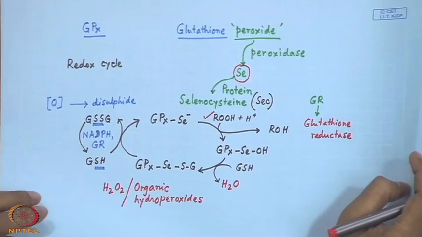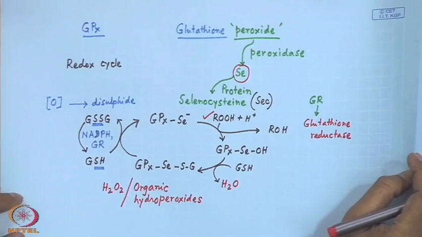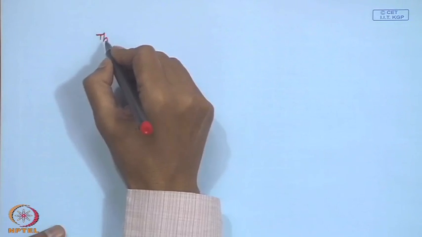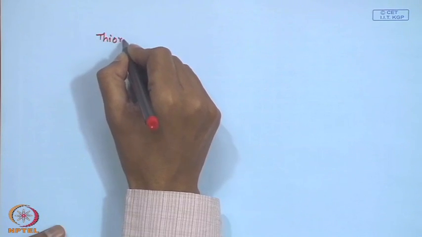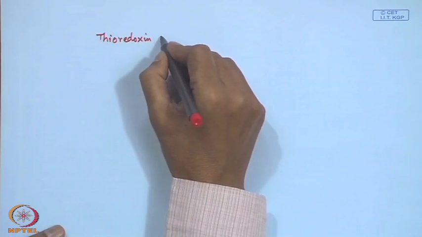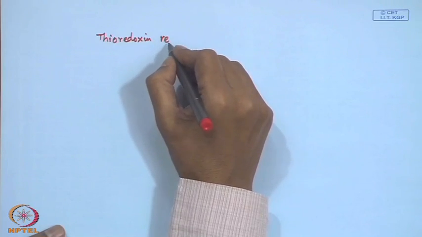And the second one, we have already seen, the corresponding deiodinase molecules, and the third one which is also known is the thioredoxin reductase molecule.